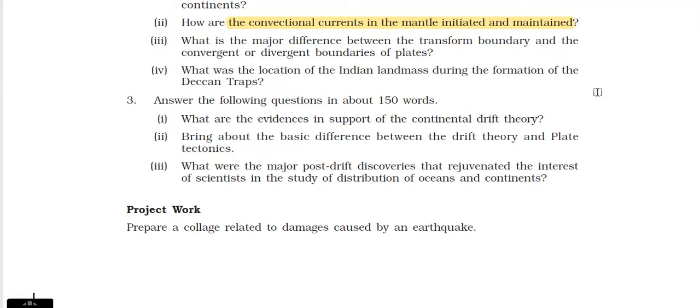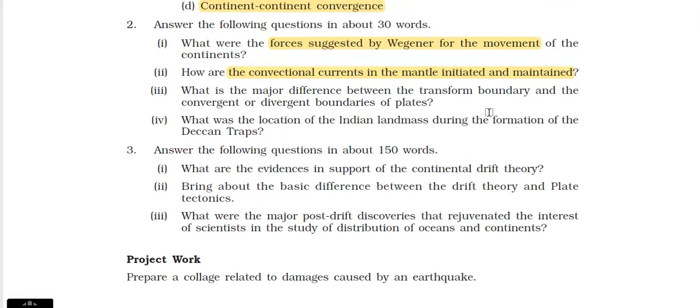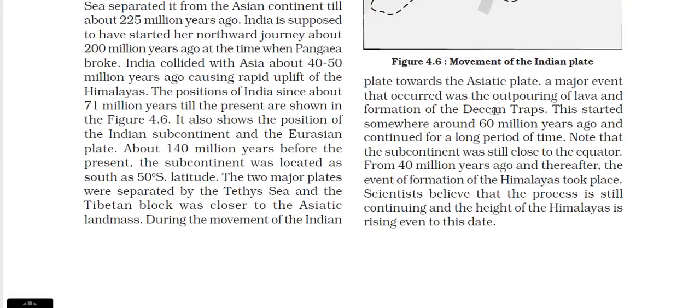Fourth, what was the location of the Indian landmass during the formation of the Deccan Trap? We know that the Deccan Trap was formed during the Indian Plate's movement, around 60 million years ago. The plate moves towards the Asiatic plate.